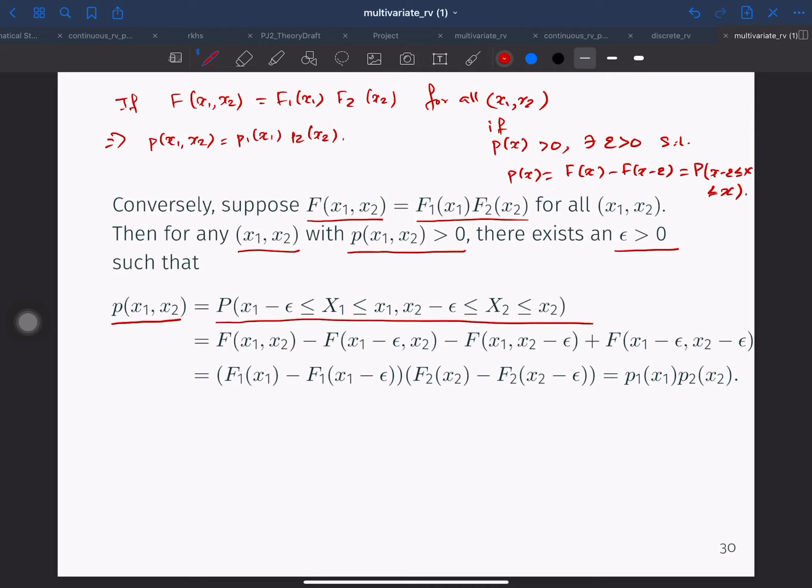In the bivariate case, it will be the same idea. You just need the difference of the joint CDF. But as we saw earlier in the last video, this probability here can be written in this form.